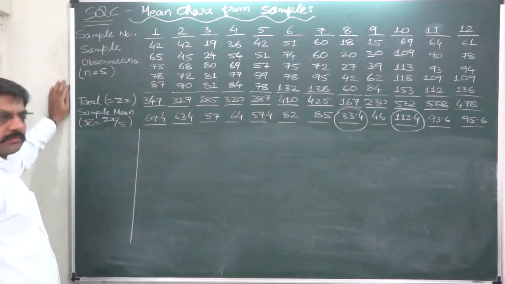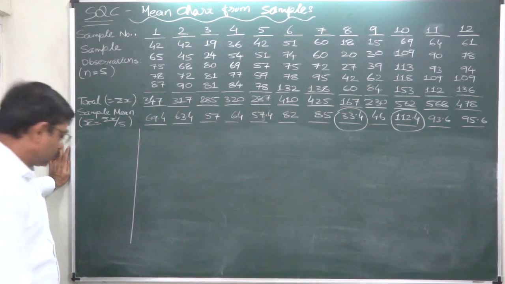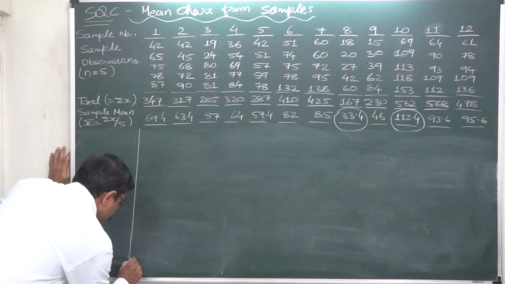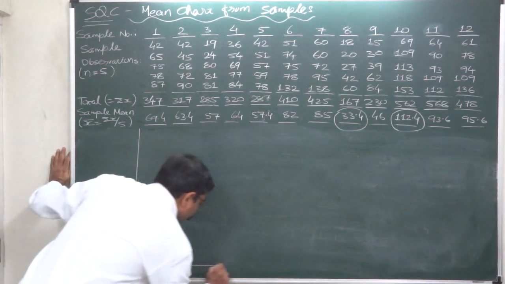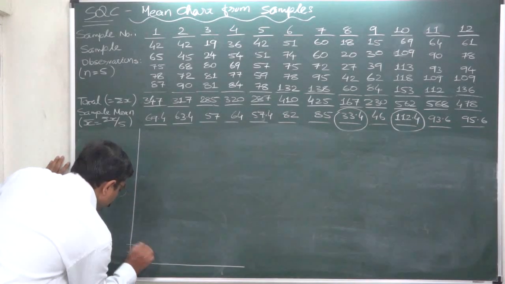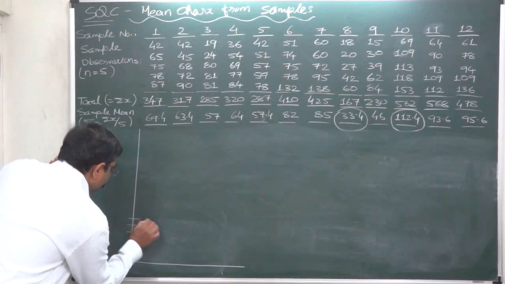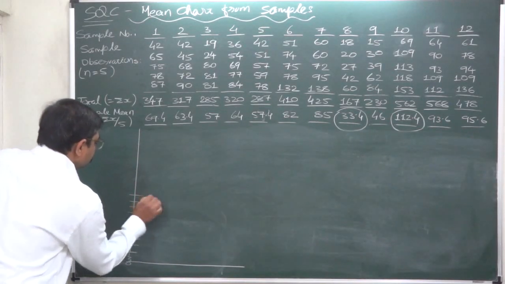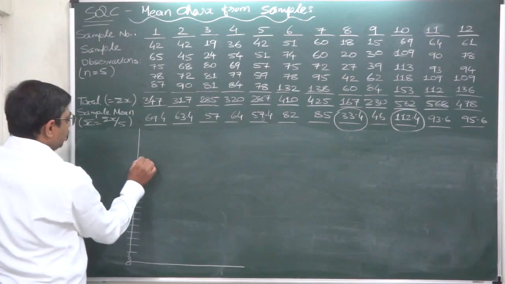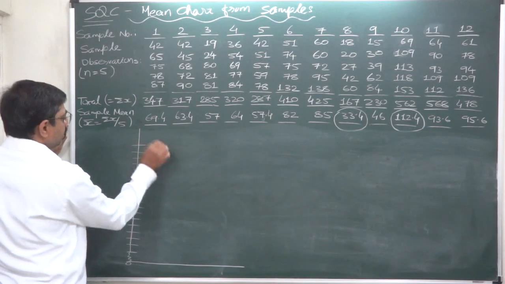Okay, a chart always starts from 0, so we need to pull the vertical axis. 0, 30, 35, 40, 45, 50, 55, 60, 65, 70, 75, 80, 85, 90, 95, 100, 105, 110, 115.